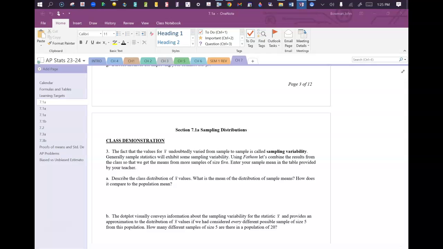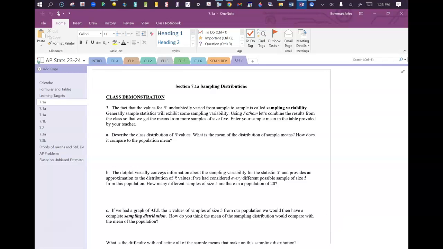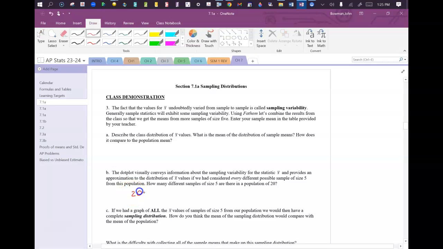Well, it turns out that in part B of this question 3, if we wanted to find all possible samples of size 5, there would be 20 choose 5, or 15,504 samples of size 5 from this population of size 20.